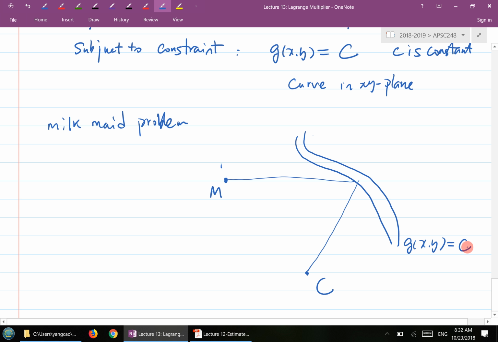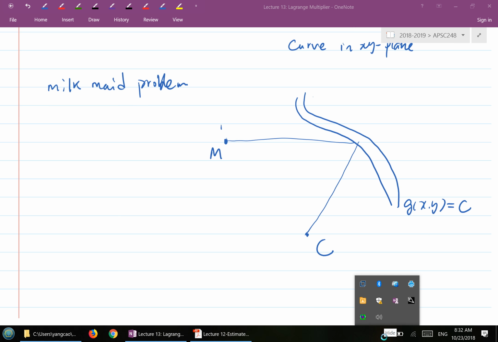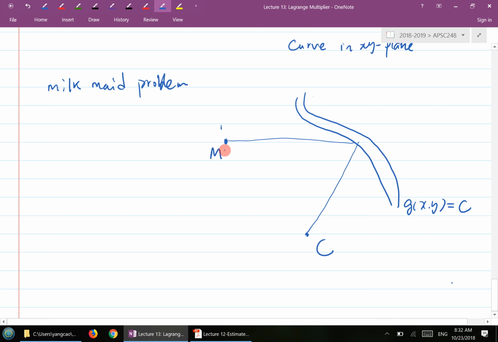And now the next question is, what are we trying to minimize here? As you can see, if she wants to finish this task as quickly as possible, she has to find what? If this is the point P, she has to find the minimum or shortest distance, from the starting point to the river, and then from the river bank back to the cow.